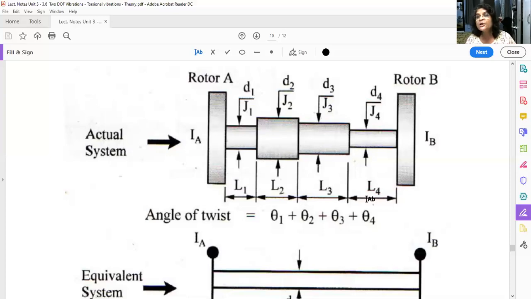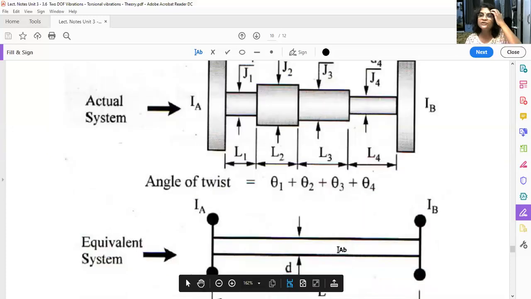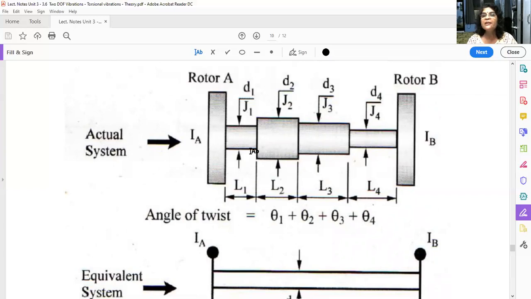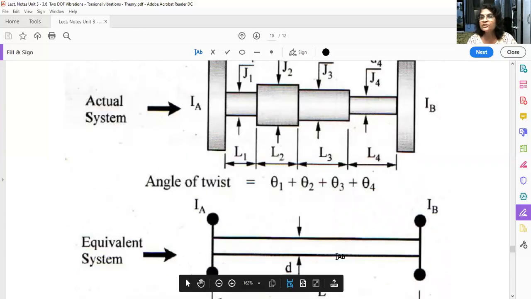What do we have to do? We have to convert this stepped shaft into a uniform diameter shaft, but without changing its torsional behavior. So this is your actual system, and this is the equivalent system, which is torsionally equivalent to this system. Now, how can you make it torsionally equivalent?